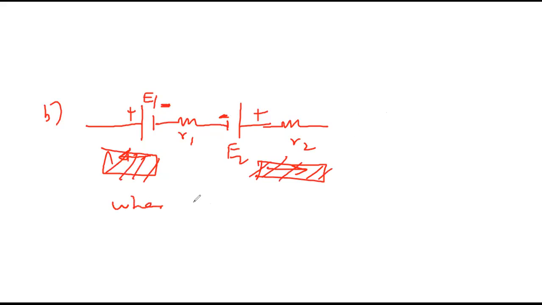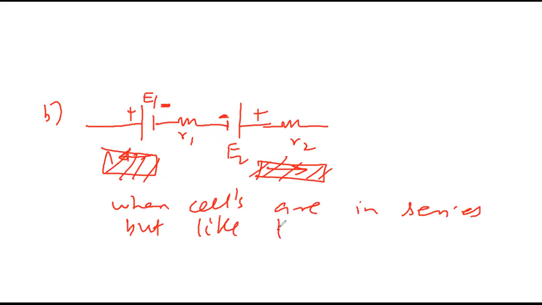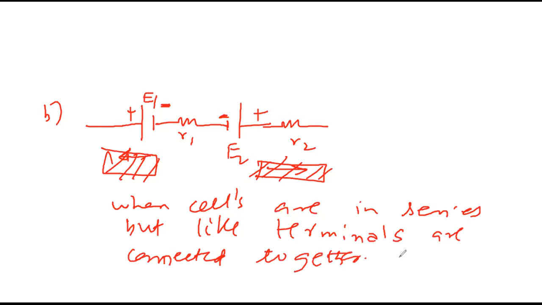When cells are in series but like terminals are connected together, that means minus minus, plus plus, then the resultant EMF is not the sum, it is the difference.